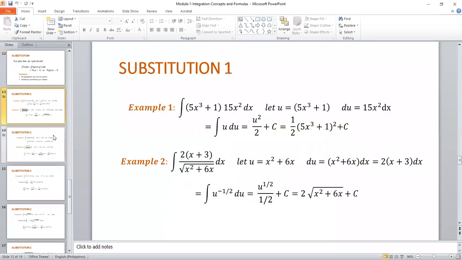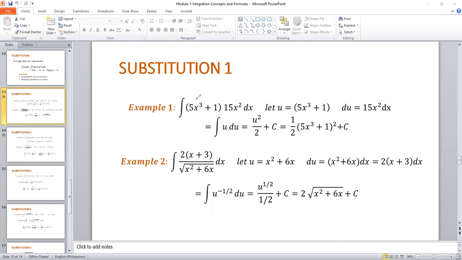Now, we go to the first example of substitution here. Interrupt me if you think I'm too fast or you cannot follow. You have here 5x cubed plus 1, placed in a parenthesis and being multiplied to 15x squared dx. Actually, you can have this answered by distributing.